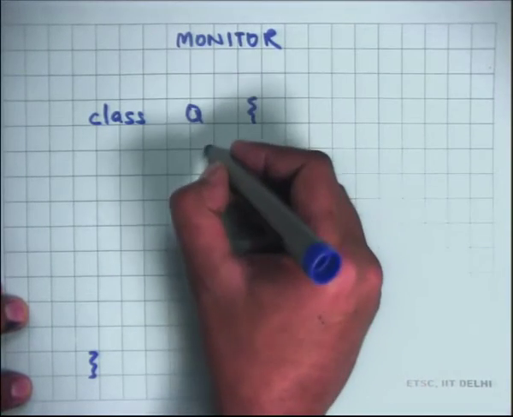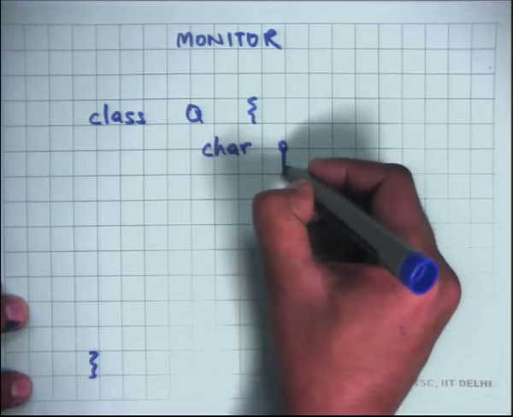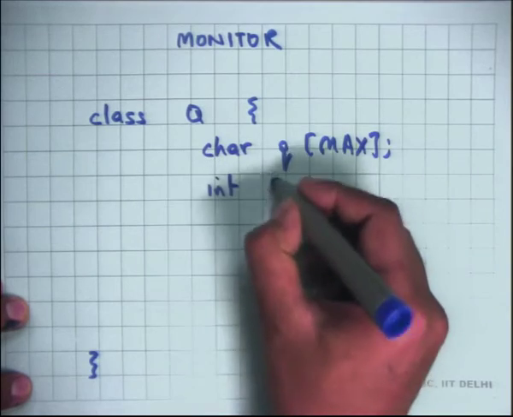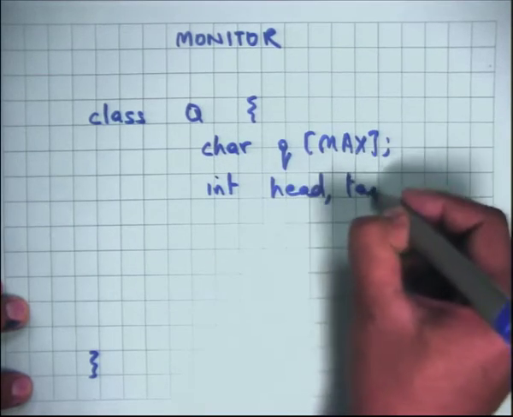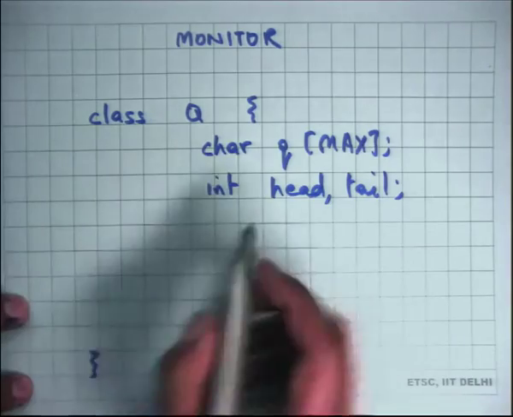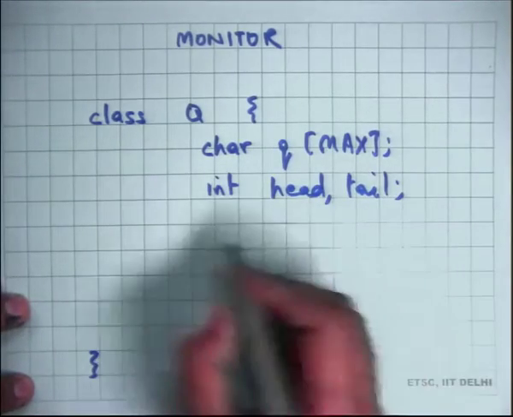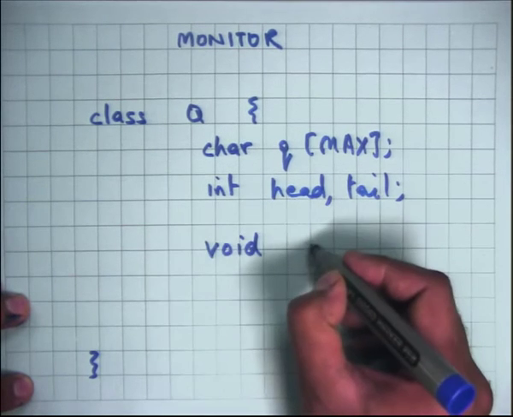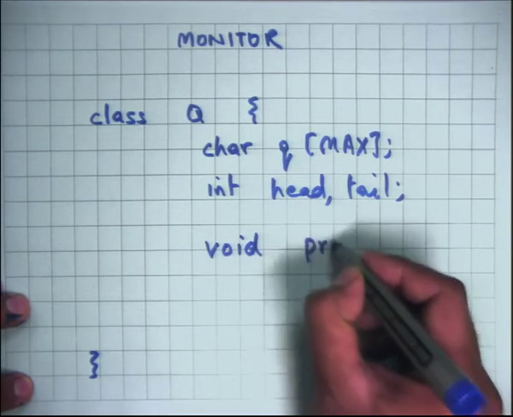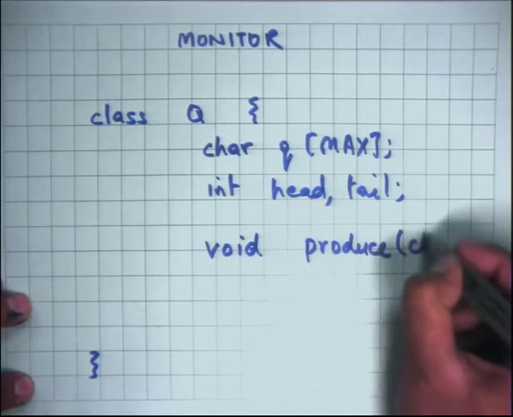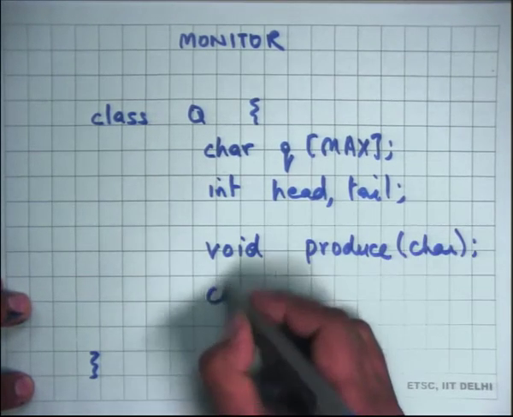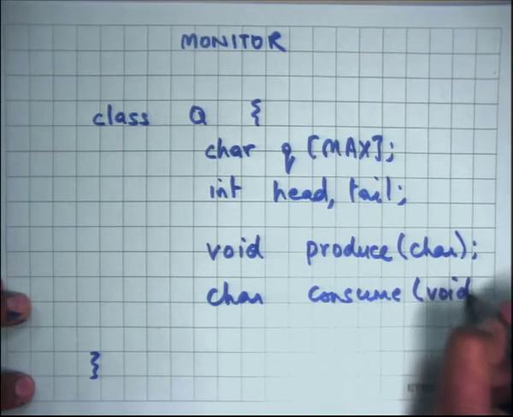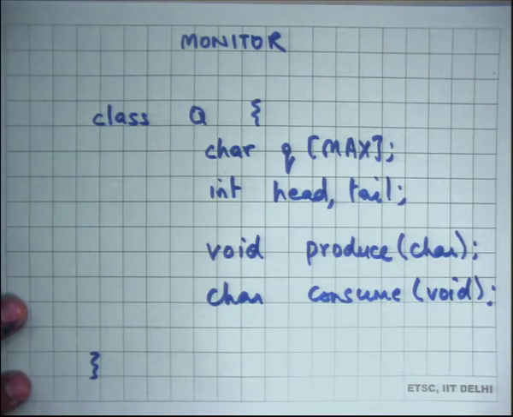Let's say in our case it has this shared data called Q, and these pointers, head and tail, and so on, and it will have some functions which will operate on this shared data. All right. So there is a function called, let's say, void produce, right, and char consume. All right.